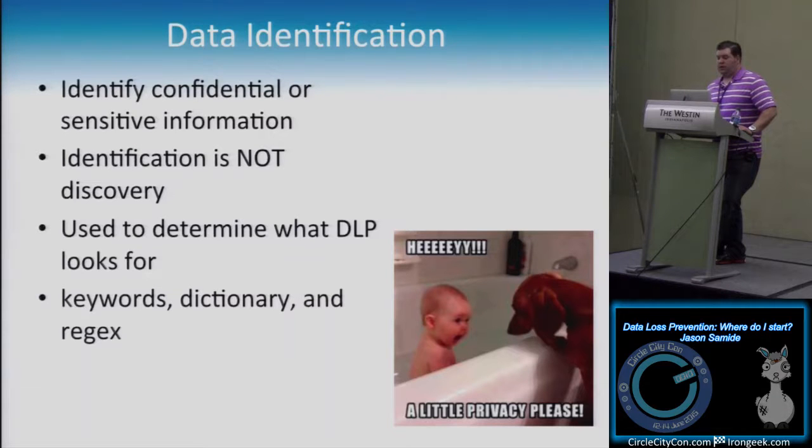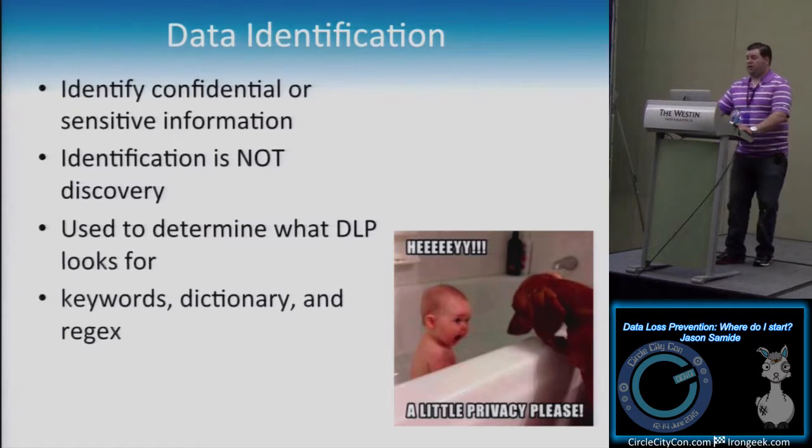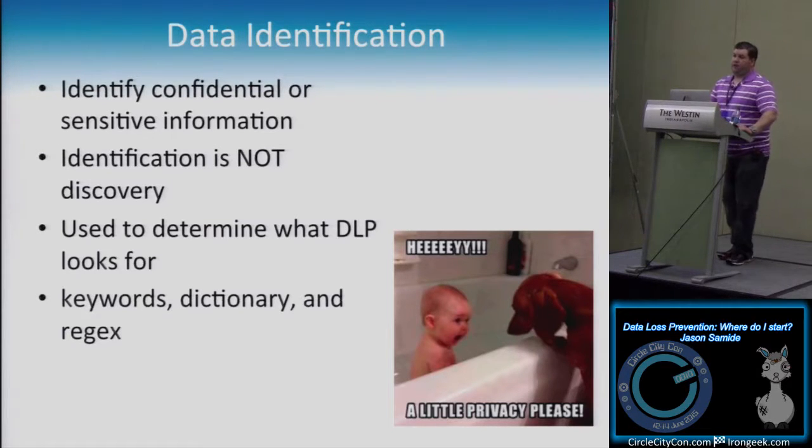In a lot of cases, that's putting the cart before the horse. If you don't know where your data is, you're going to have a much tougher time understanding that program and what it actually means from an ROI. You're not going to be fully utilizing it. But definitely, finding that data identification is imperative.